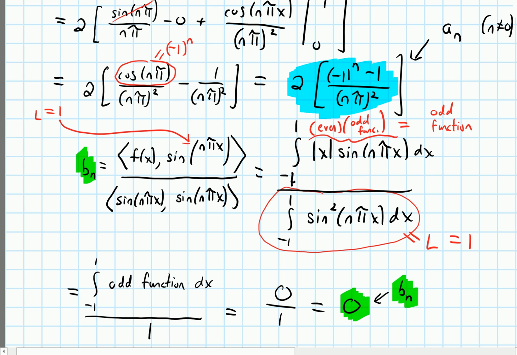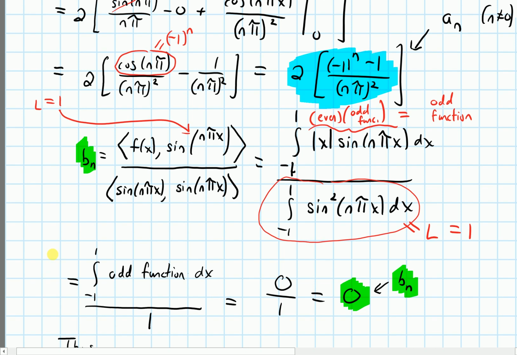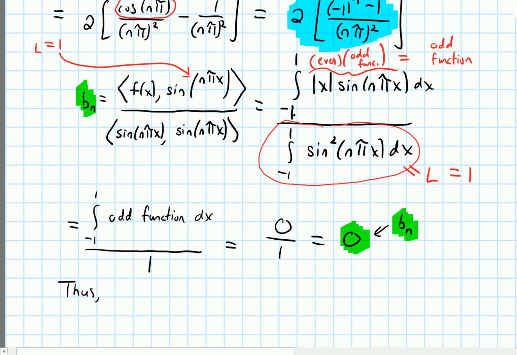All right, so we've figured out all the coefficients. What's left to do now is just write down our Fourier series for our function. So thus, for our function, which is absolute value of x, it's going to be approximately equal to a naught over 2, remember, was 1/2. That was our constant term. And then we're going to get plus the series from n equals 1 to infinity. And then I write a sub n first, the coefficients of those cosine terms.